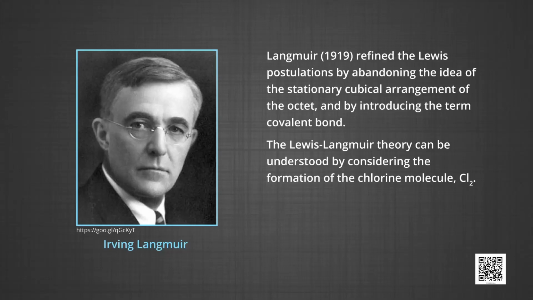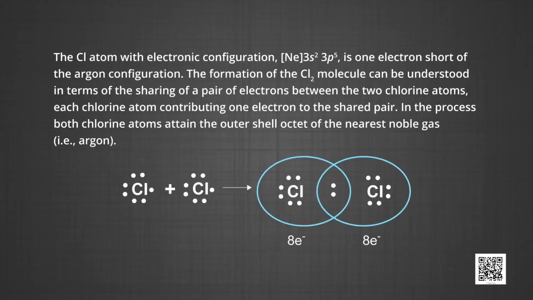The Lewis-Langmuir theory can be understood by considering the formation of the chlorine molecule, that is Cl2. The chlorine atom with electronic configuration with inner core of neon 3s2 3p5 is 1 electron short of argon configuration. The formation of the chlorine molecule can be understood in terms of sharing of a pair of electrons between the 2 chlorine atoms.